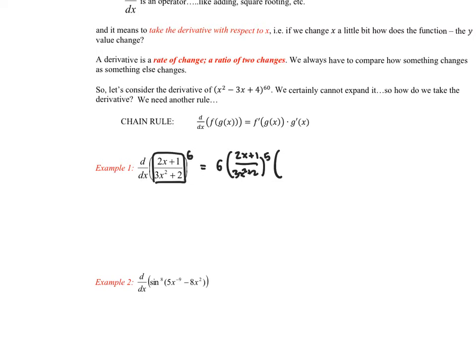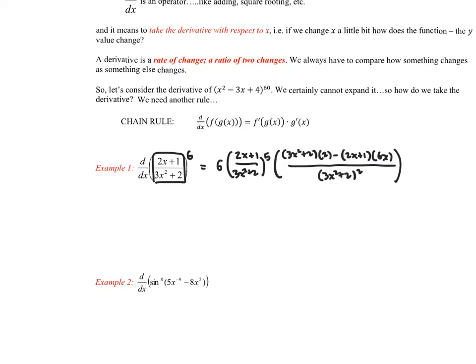So we're going to take the lower function, 3x squared plus 2, times the derivative of the upper, which would be 2, minus the upper, 2x plus 1, times the derivative of the lower, which would be 6x. And then I'm going to divide that by the denominator, 3x squared plus 2, quantity squared. Okay, so I'm not going to try to simplify that much at all.